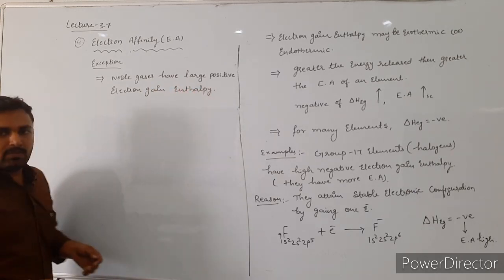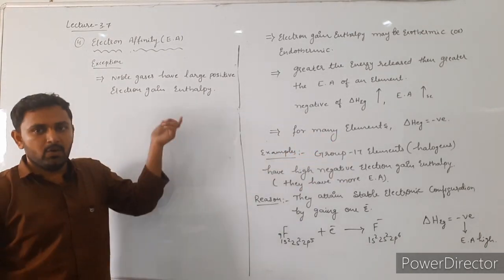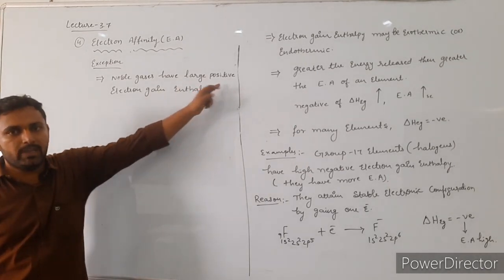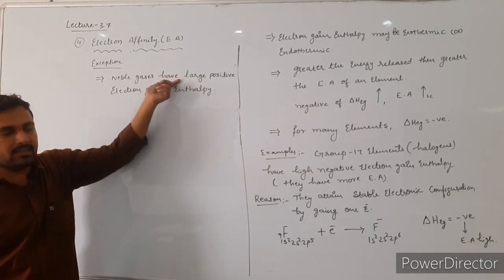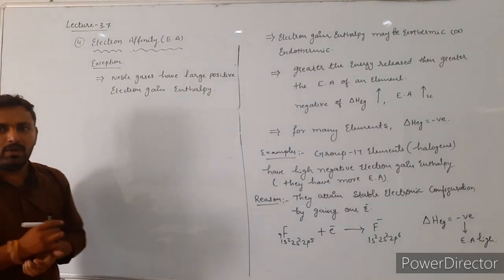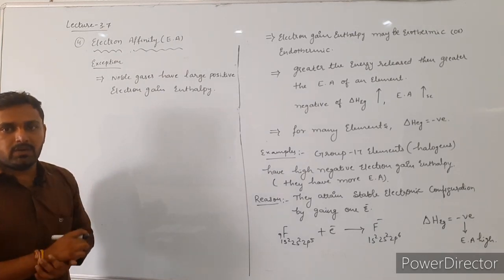See here, for many elements the delta H value is negative, but only for noble gases the delta H value is positive. Why do noble gas elements have large positive electron gain enthalpy? Because the noble gases have stable electronic configuration.